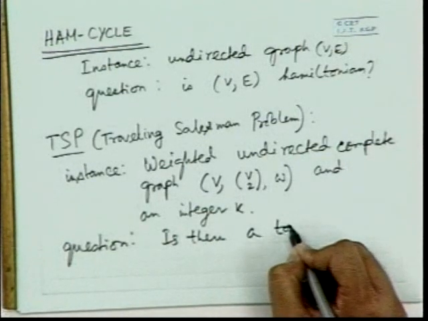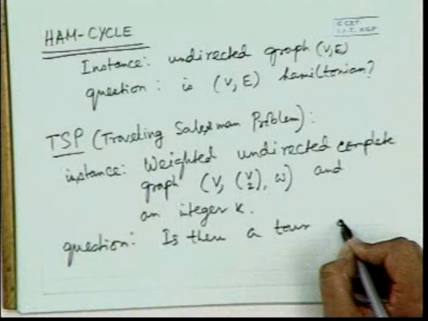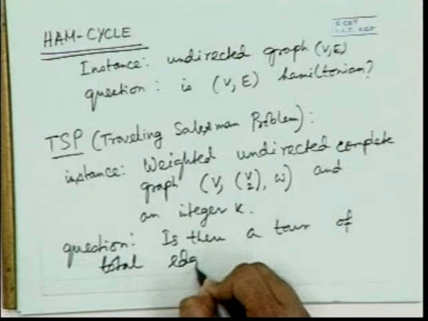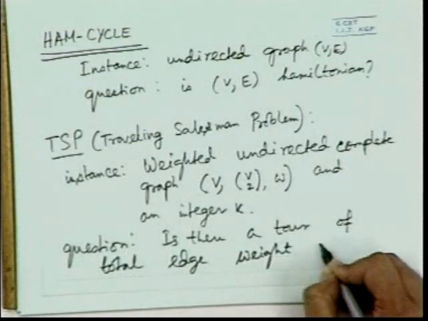a tour? What is a tour? A tour is basically something like a Hamiltonian cycle. A tour is a cycle which will visit each vertex exactly once. That's called a tour. So is there a tour of total edge weight, not length, edge weight k?